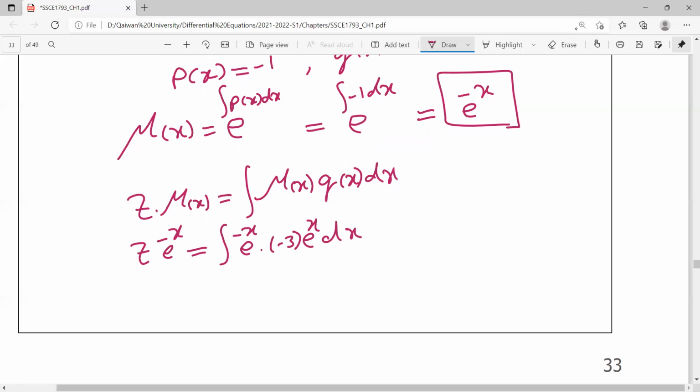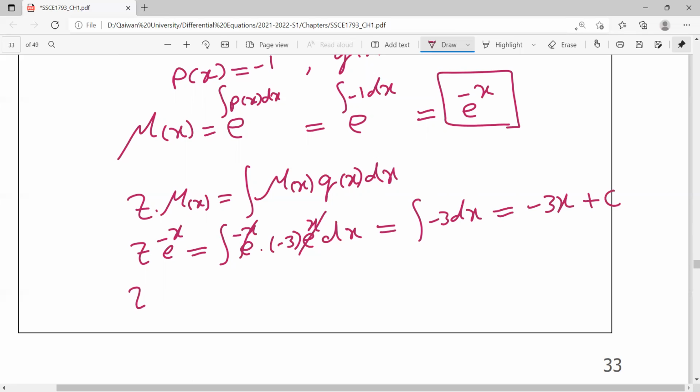These two cancel out because they have the same base and the same exponent with different sign. It becomes e to the power 0, and it's 1. We get the integration of -3 dx, which equals -3x plus c.